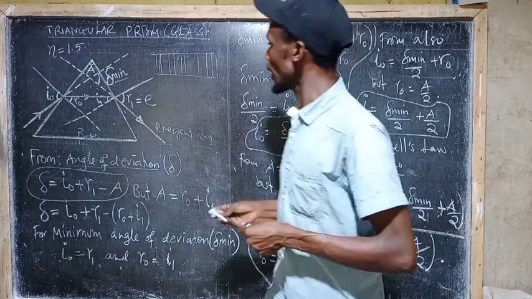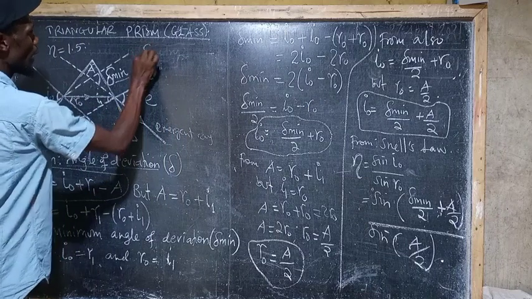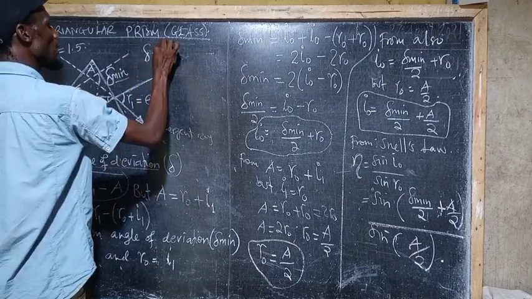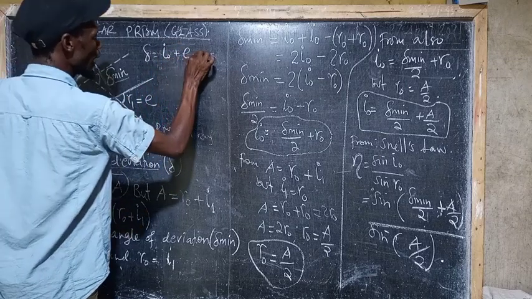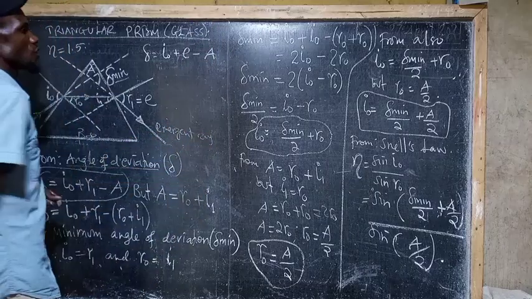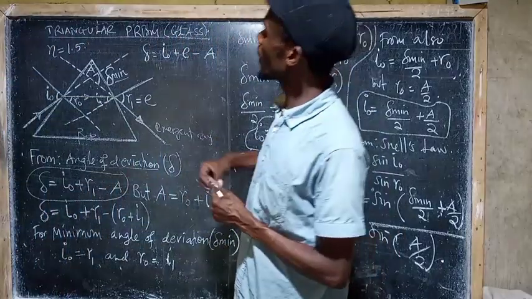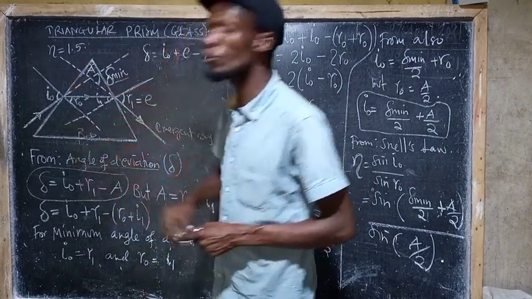So in other words, we can say the angle of deviation is equal to the incidence angle plus the emergence angle, minus the angle of prism. The angle of prism is the angle between the two refracting surfaces.